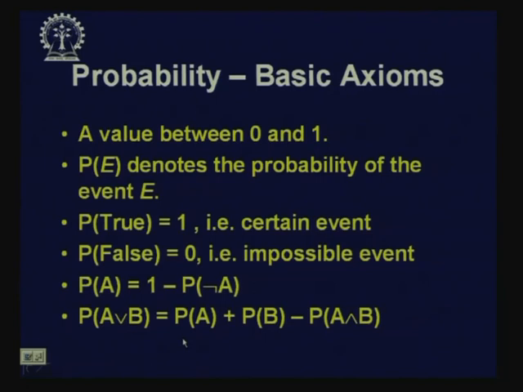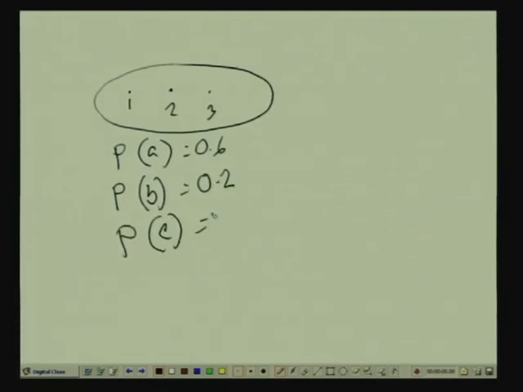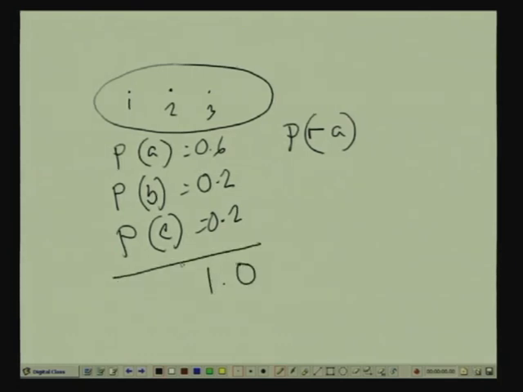Similarly, for those of you who are not sure, again this example will tell you 1, 2, 3 and P A is 0.6, P B is 0.2, P C is 0.2. So, what is the probability of not A? Probability of all these together is 1. So, probability of not A means the probability of these two cases occurring, A is not occurring.